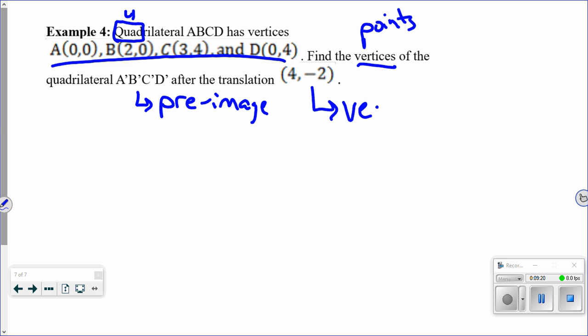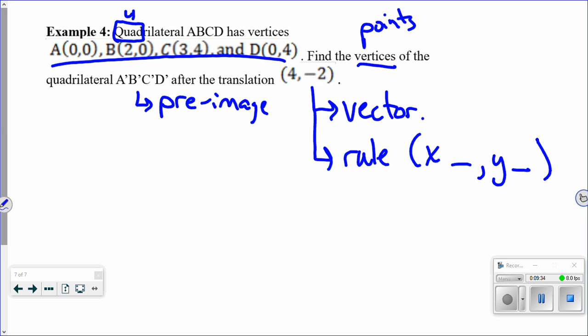So this is our vector. In order to do this, try to find the rule. It'd be x something, comma, y something, and that should help you find all the points for our image. My apologies, A prime, B prime, C prime, D prime is the image. Try this one on your own, and let me know if you need any help.